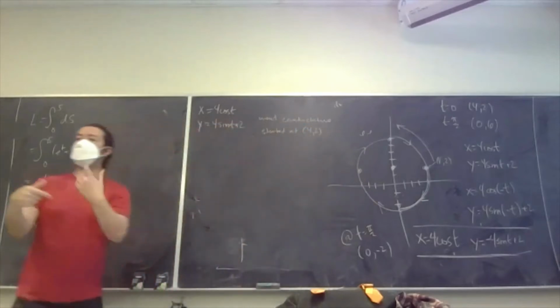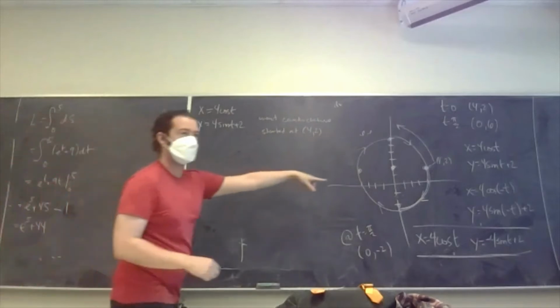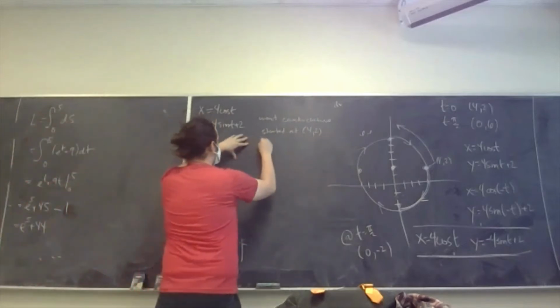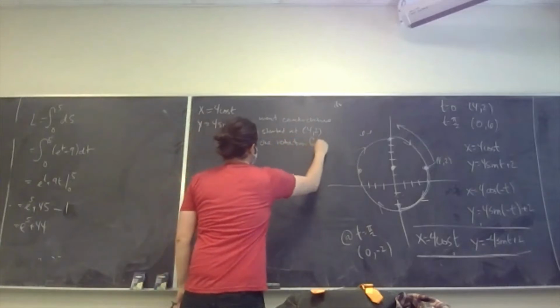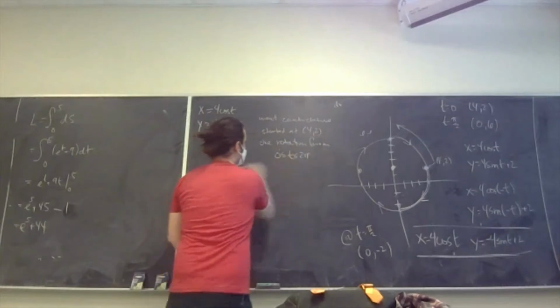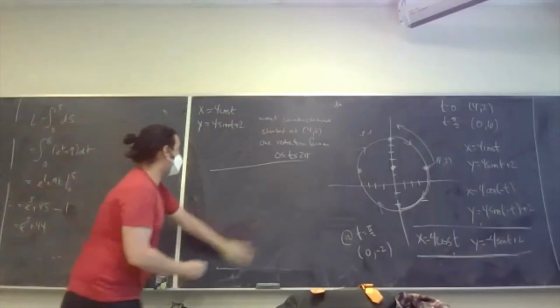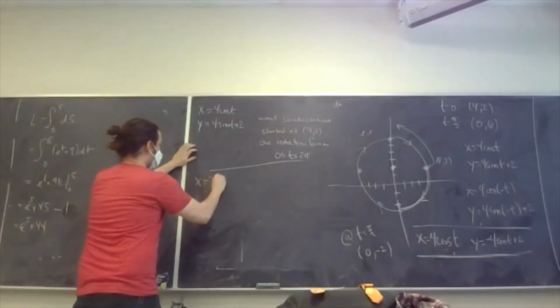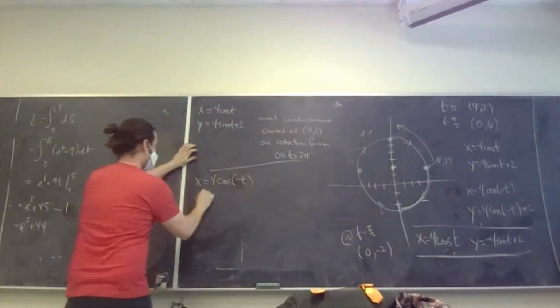And as I go from 0 to 2 pi, it goes around once because that gets me all the way around the unit circle. I didn't say that over here, but that's also part of this. One rotation from 0 to 2 pi. That was sort of our starting equation. What we did was we took that and we modified it into this one. I'll just make it absolutely clear what's going on.